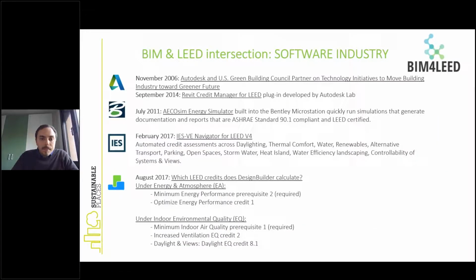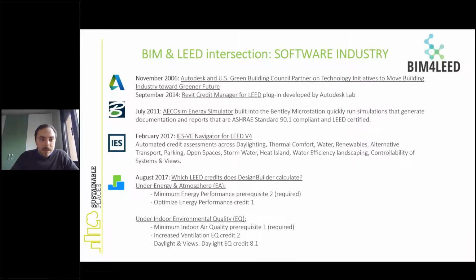In the software industry, since 2006, Autodesk worked with GBC to develop software specifically for LEED credit calculation.